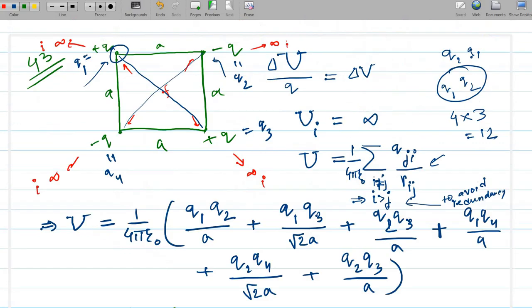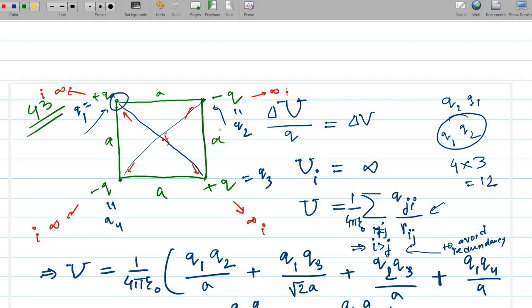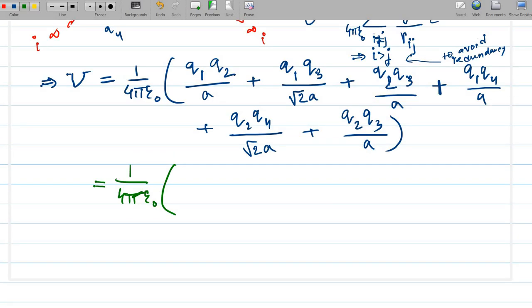As we can see here, Q2 and Q4 are negative. So we have negative Q squared divided by A. I'm taking A outside. Plus, this has to be positive, plus Q squared by root 2. Q2, Q3, again negative, Q squared.